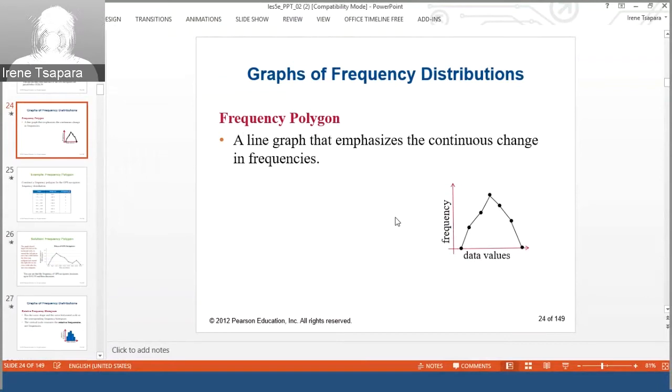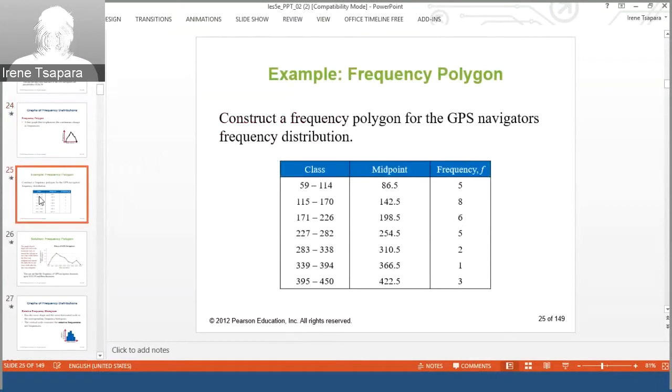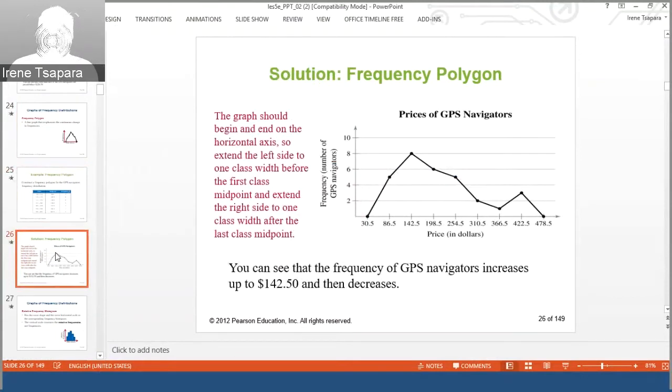So what you see right here, those points that you see right there, are the midpoints for each one of the columns. So if you look at your midpoints, 86.5 and so on, this is how you create the frequency polygon.